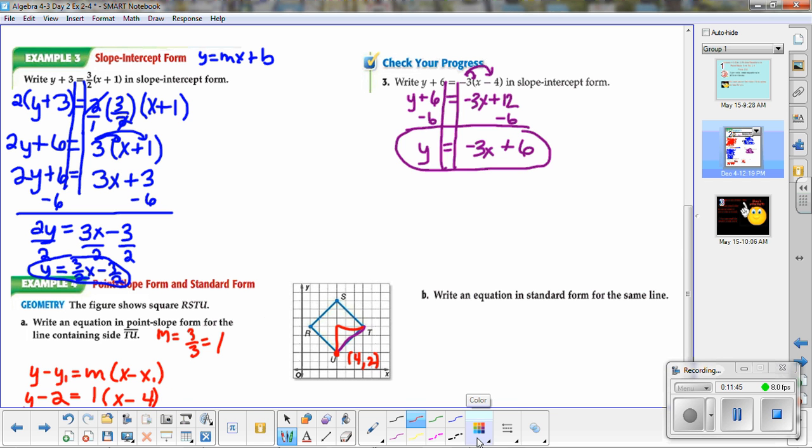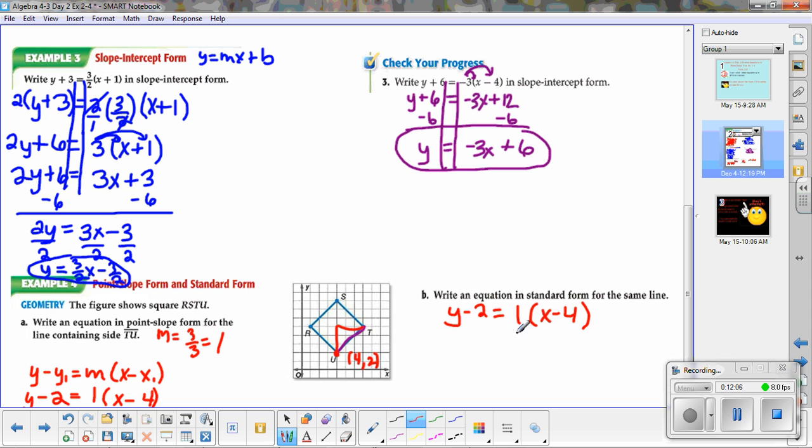So there's an equation in point slope form for that line that has that line segment. Now we're going to write an equation in standard form for the same line. So I'm going to take what we had, y minus 2 equals 1 times the quantity x minus 4.